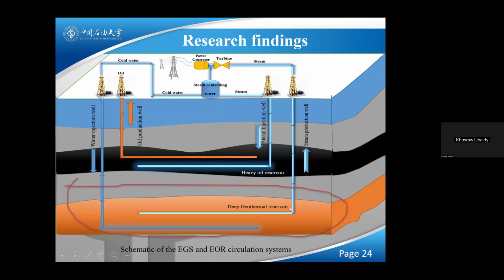So here we bring back the steam. After the steam comes, it is already heating the turbine and generating electricity for power generation. For steam controlling or cooling down the steam, we're going to inject this back inside of the reservoir.